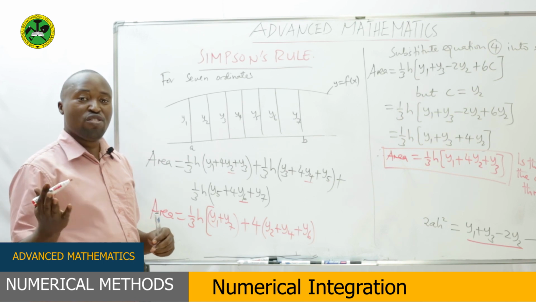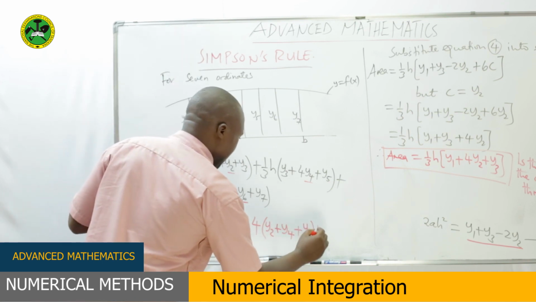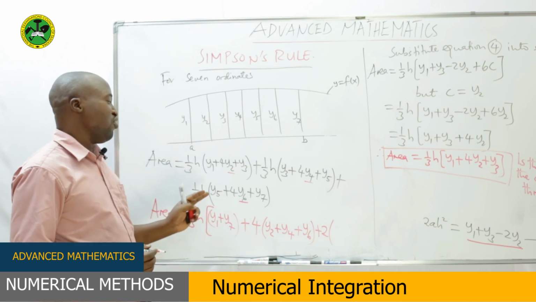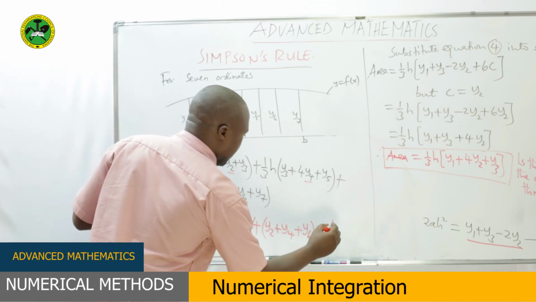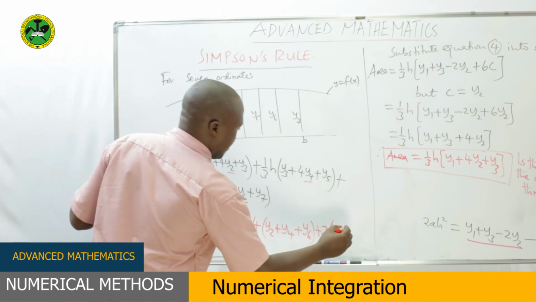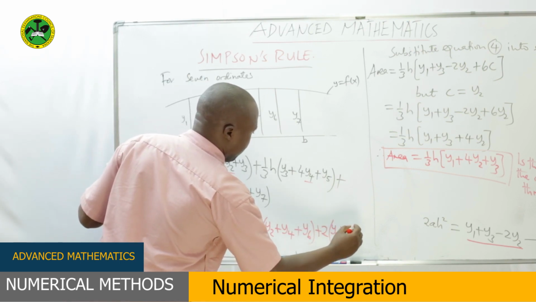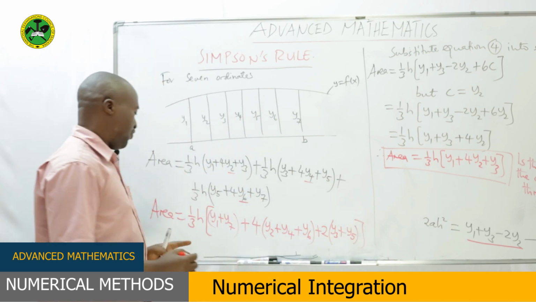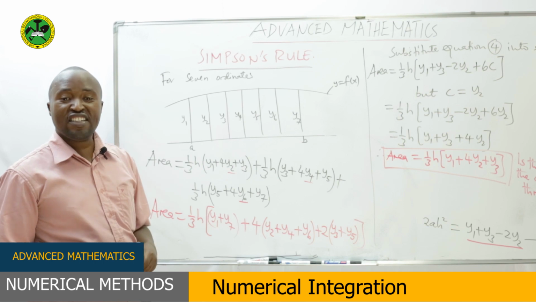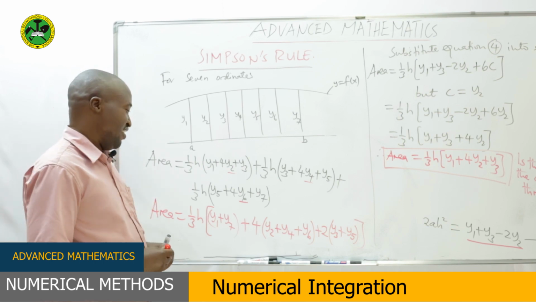Then again we add 2 times the odd ordinates. Our starting point is y3, then plus the next, y5. So this is the area under the curve for 7 ordinates.